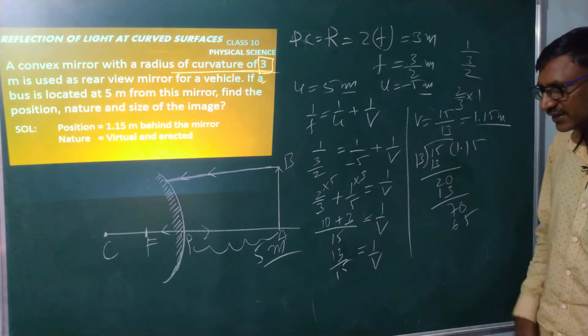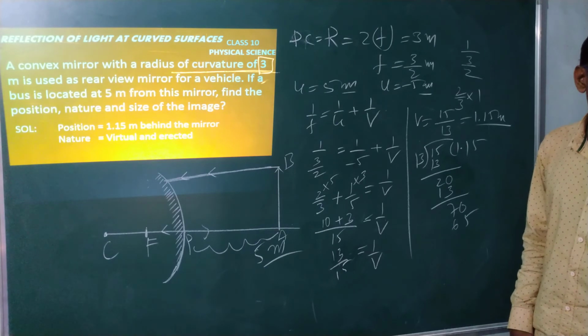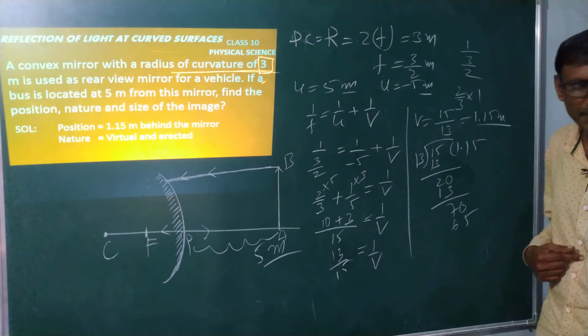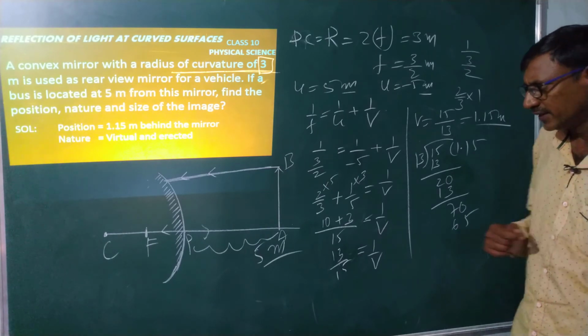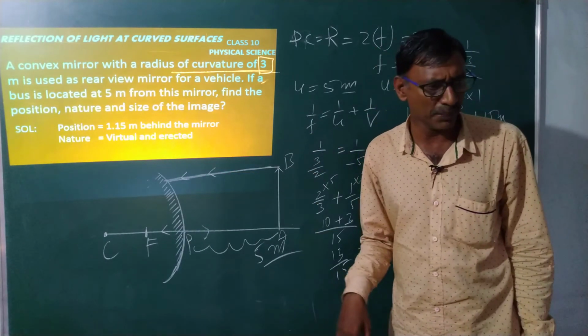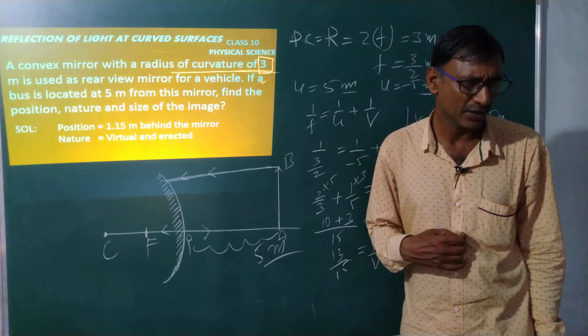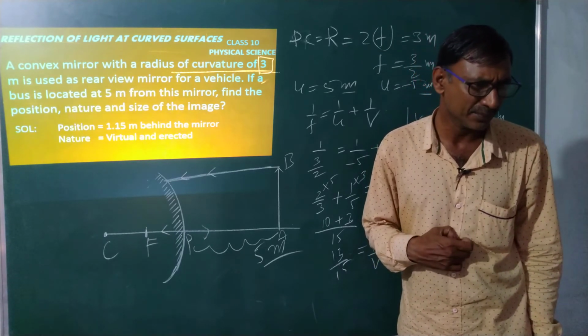So my image distance is 1.15 meters. By observation, my image is in the convex mirror, but it is virtual. We cannot catch it on a screen.